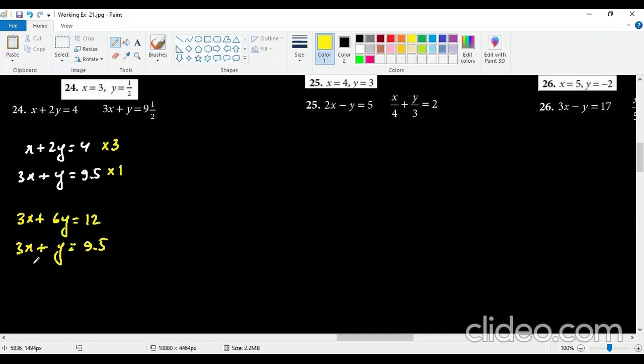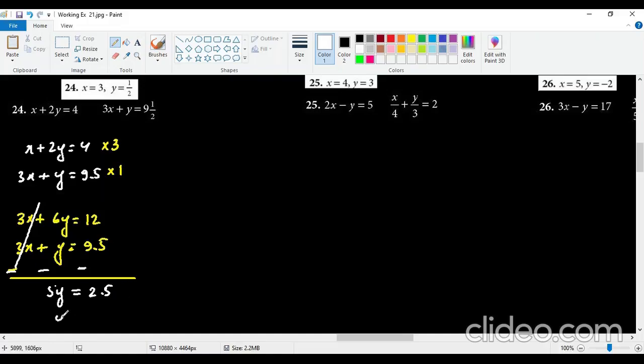Now I'm going to change the sign of both using a different pen. Minus 3x, minus y, and minus 9.5. So these two are going to be cancelled. 3x and minus 3x cancel, and 6y minus 1y gives us 5y, and 12 minus 9.5 gives us 2.5.